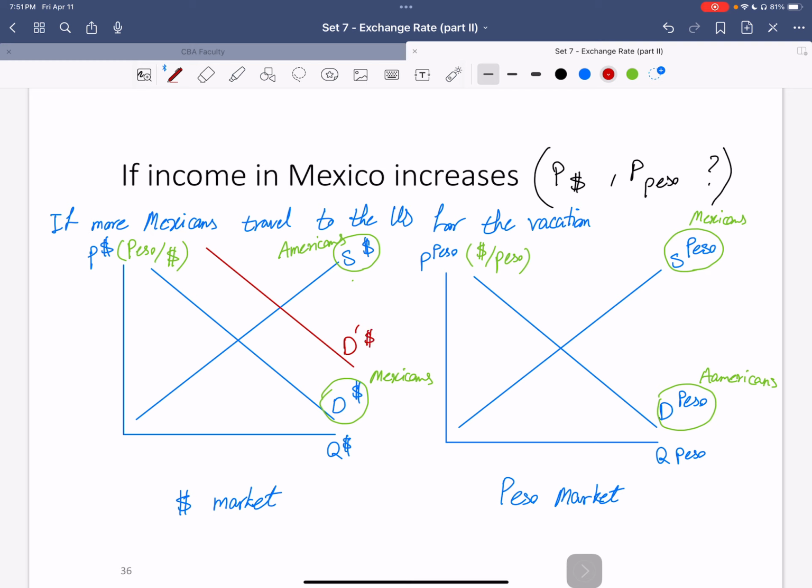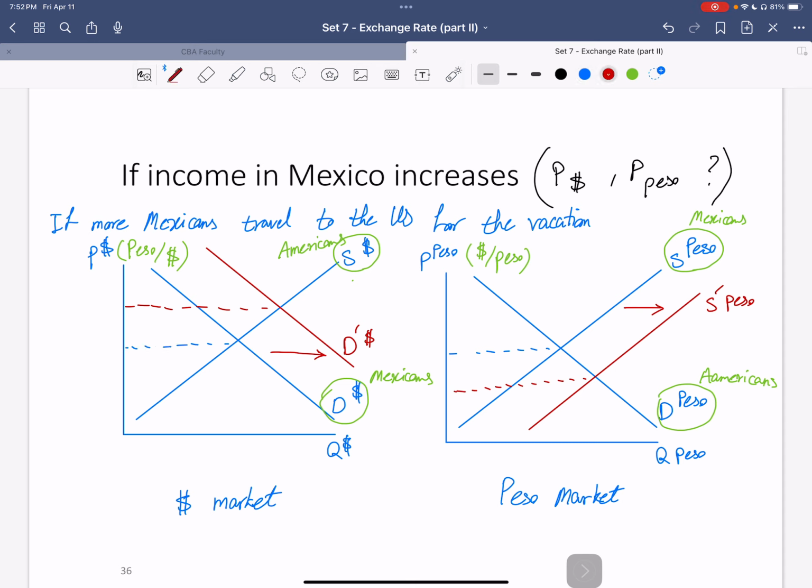Now Mexicans are traveling to the US, so they're going to demand more dollars. Demand for dollar is going to shift to the right while they are exchanging their own pesos with these dollars. So we have supply of peso shift to the right as well. Now compare the price in the new equilibrium and the previous equilibrium.